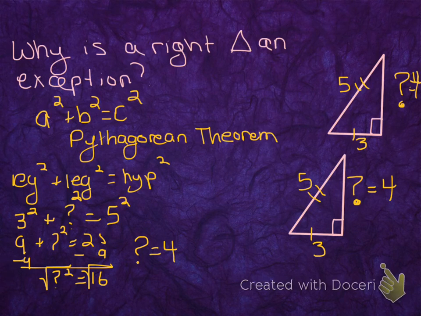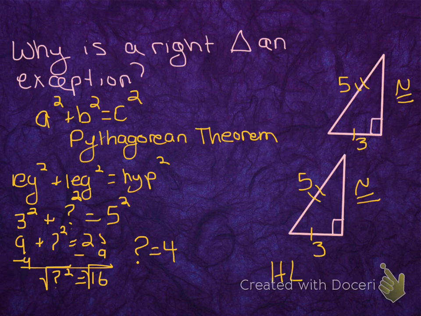If you know that one leg and the hypotenuse of one triangle is congruent to the corresponding leg and hypotenuse of the other triangle, you automatically can assume that the corresponding sides are congruent. You don't have to calculate it. That is the hypotenuse-leg theorem.